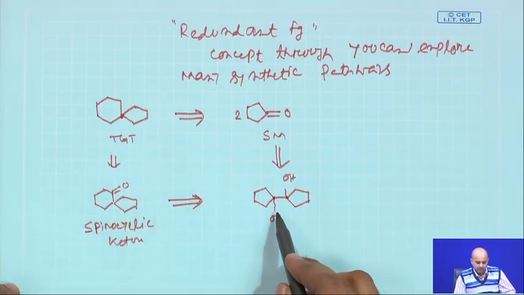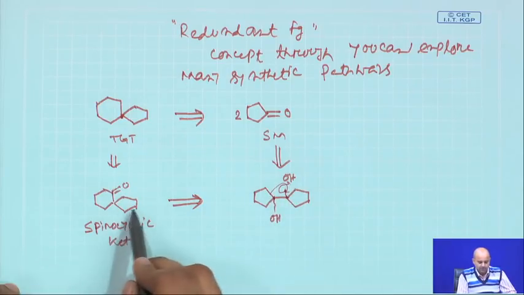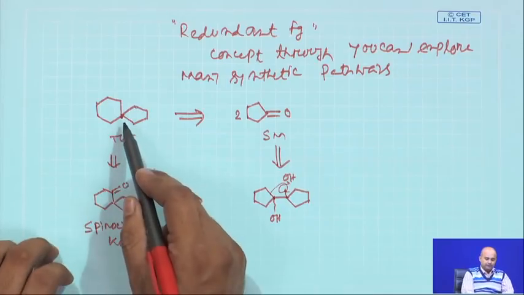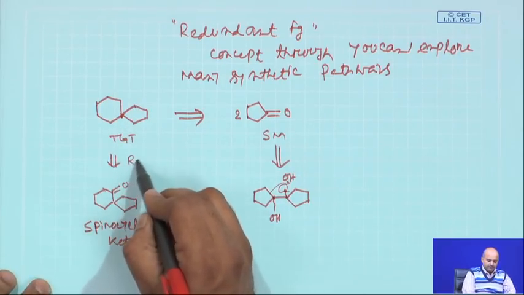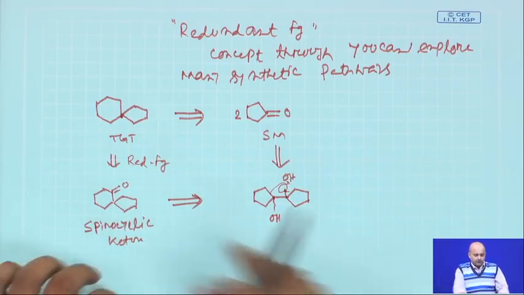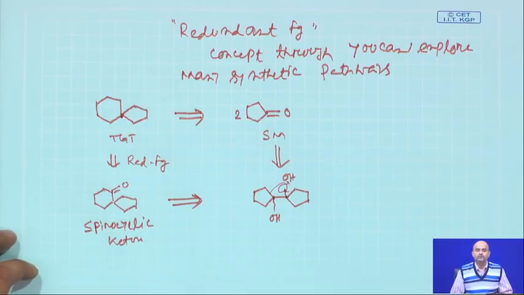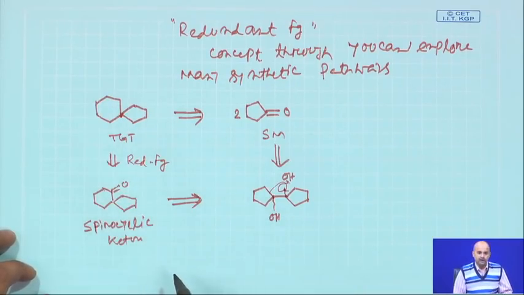The pinacol rearrangement will give you this, then this migration takes place, and you come to here. So, this and this, the main thing is your redundant functionality. Simple exploration of redundant functionality will lead you to the target molecule, as I said.